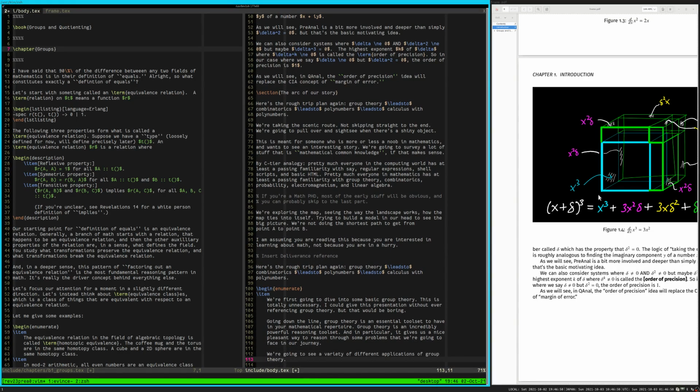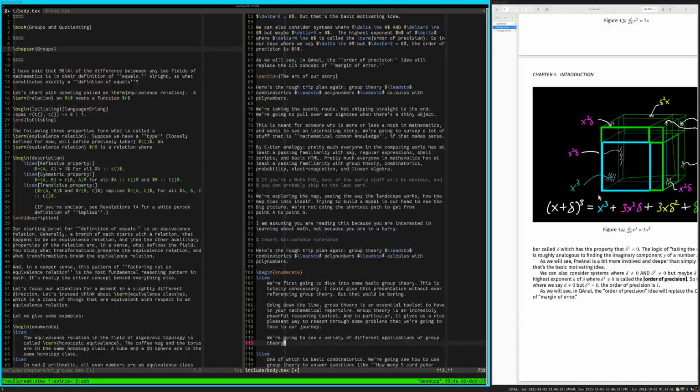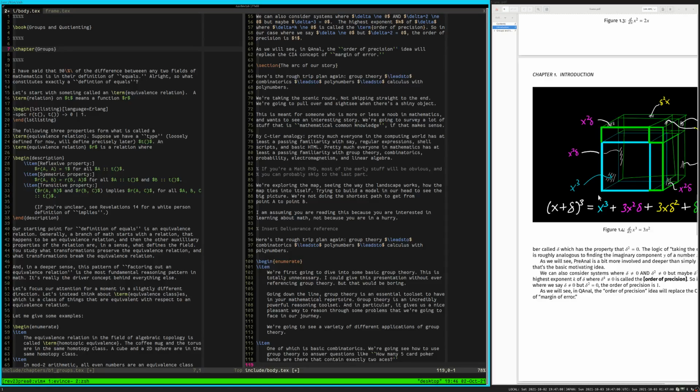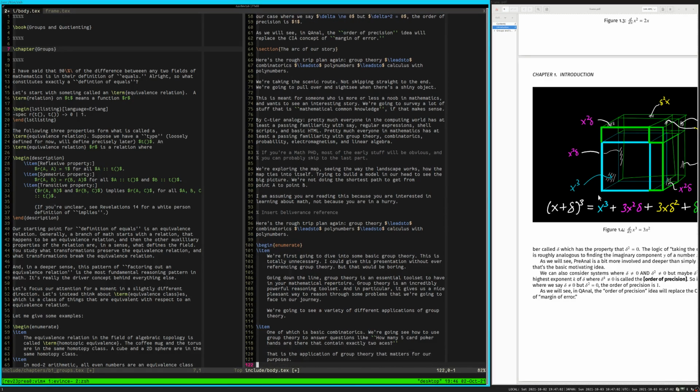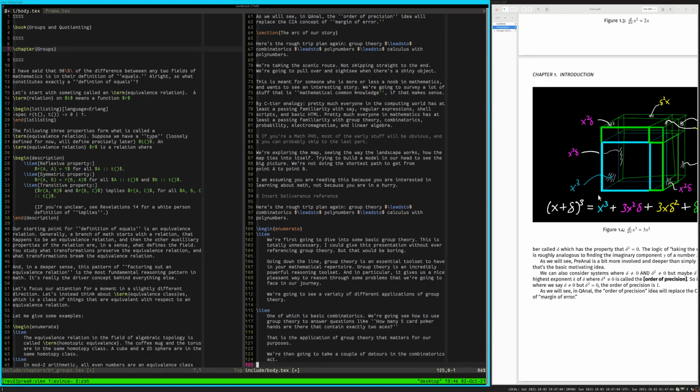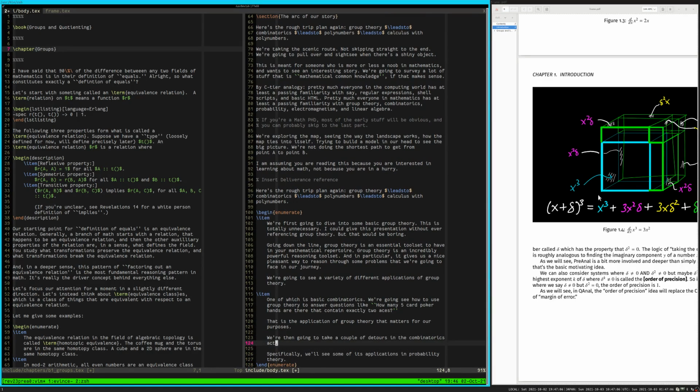We're going to see a variety of different applications of group theory, one of which is basic combinatorics. We're going to see how to use group theory to answer questions like how many poker hands there are. We're then going to take a couple of detours in the combinatorics act.